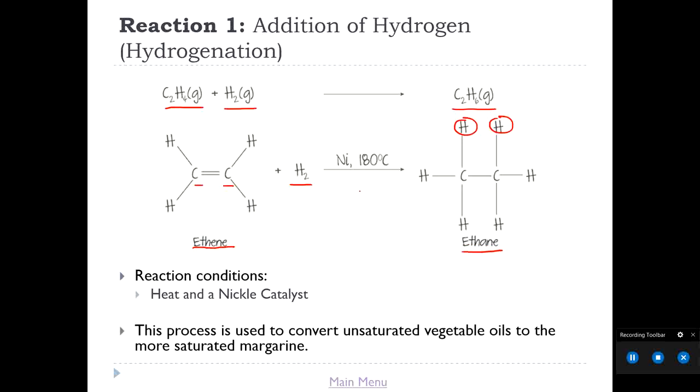This process is particularly important in industry. One example is converting unsaturated vegetable oils to margarine. So I believe it's actually sunflower oil, which is why you'll see the pictures of sunflowers on margarine containers. That oil is an alkene. There's many alkene or double bonded carbons within the oil.